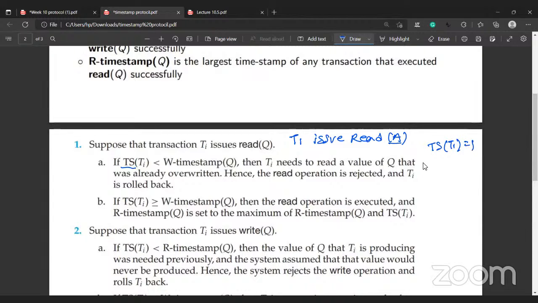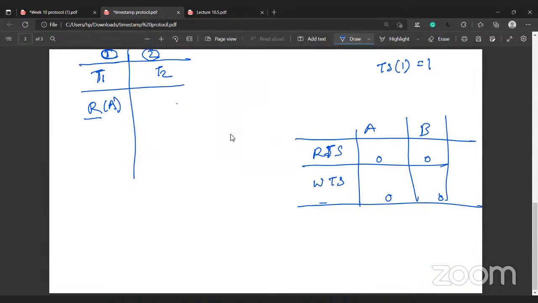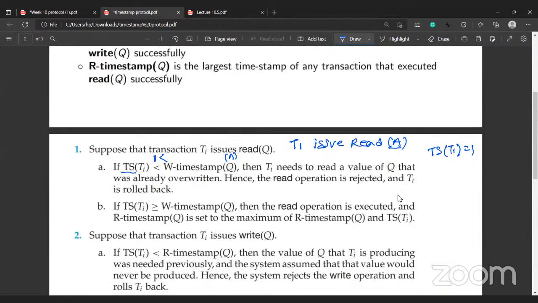So we check: is 1 less than the write timestamp of A? The write timestamp of A is 0. So 1 less than 0 is false. 1 is greater than 0.